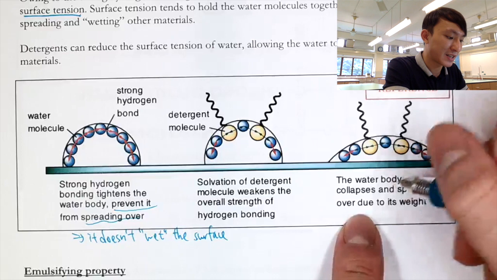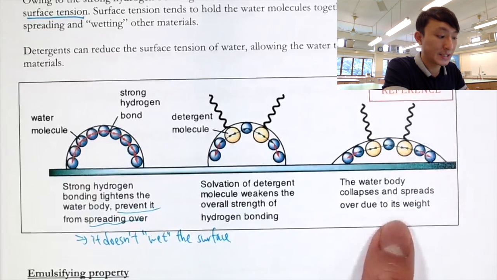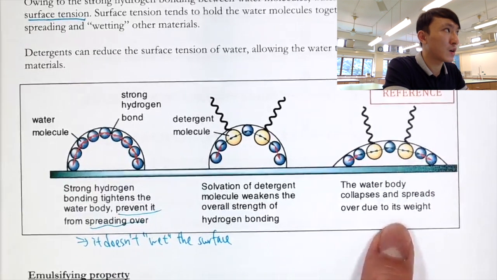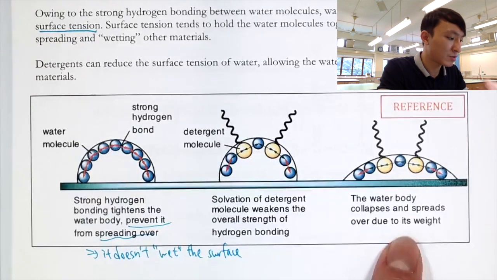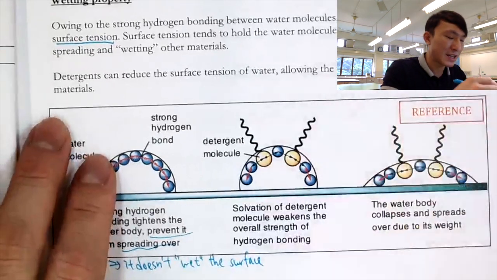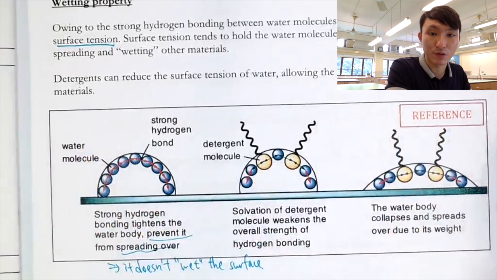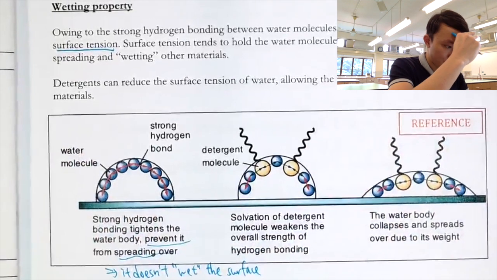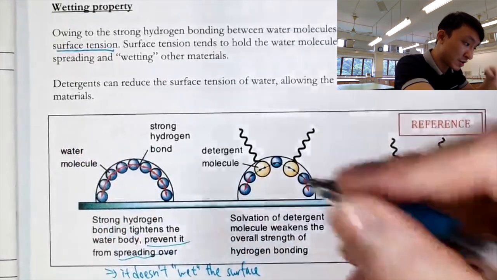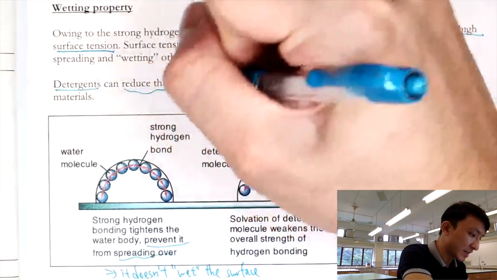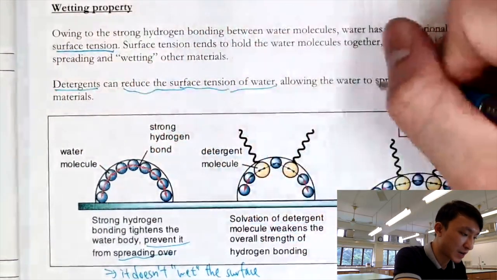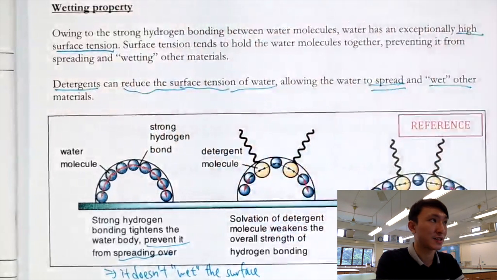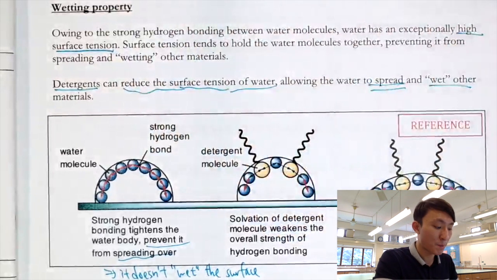So this is what the wetting property is talking about. To be honest, this is a reference part, so you don't really have to learn too much about it. All you have to know is that detergent reduces the surface tension of water, allowing it to spread and wet other things. That's why it's called wetting property.